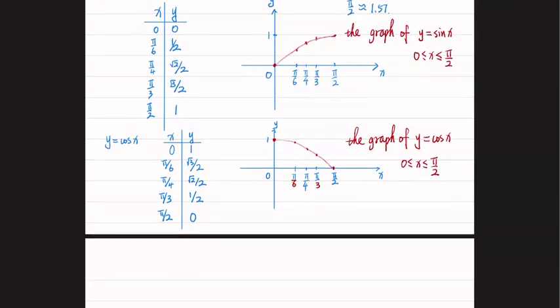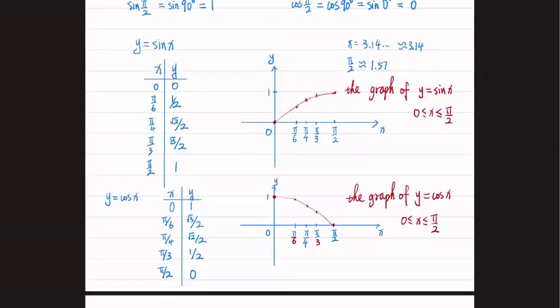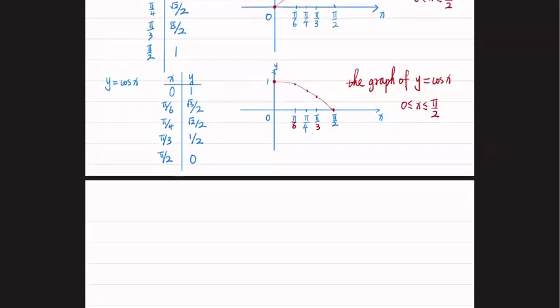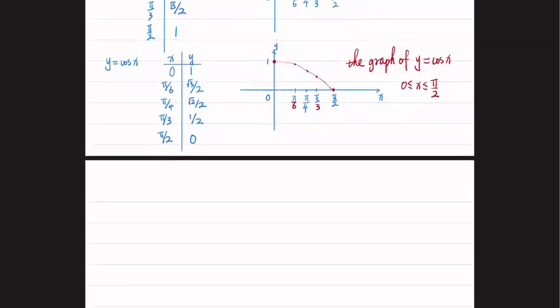So we defined the two functions, sine and cosine, in terms of actual numbers instead of degrees. Then we have the graph of this. A very important property of these trigonometric functions is periodicity.